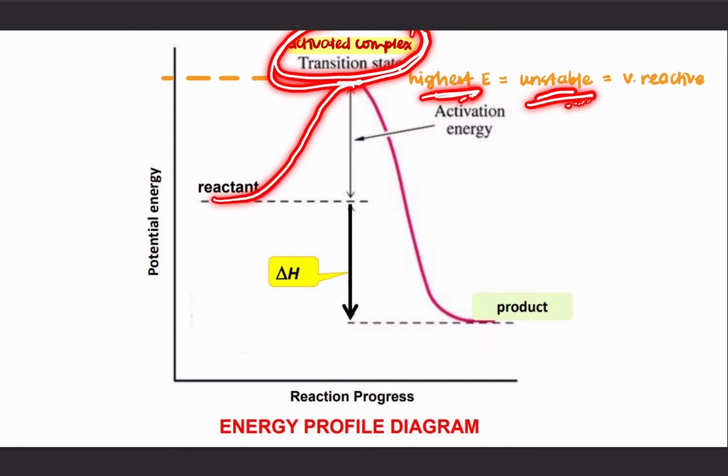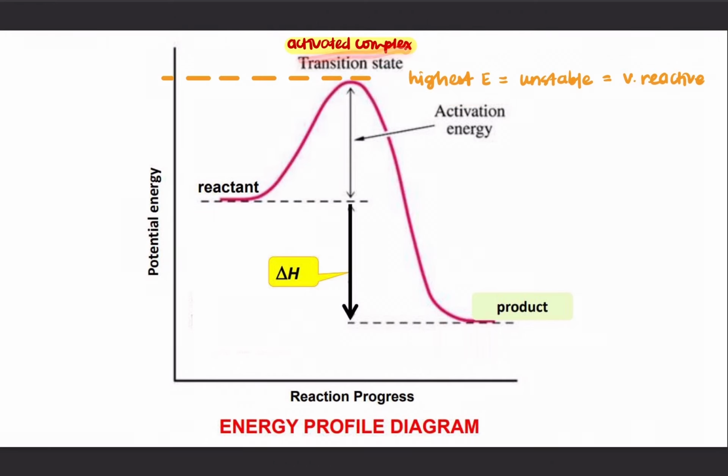If it is unstable, meaning it is very reactive, it will either break a bond and form a new bond, depending. This activated complex will determine whether your product will form or not.